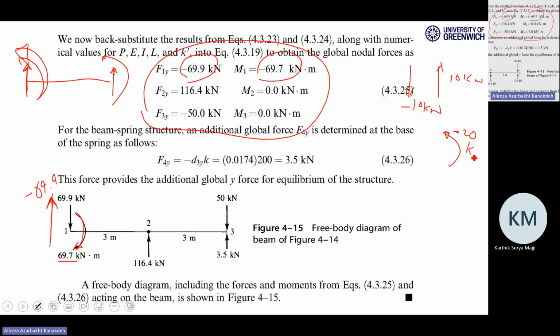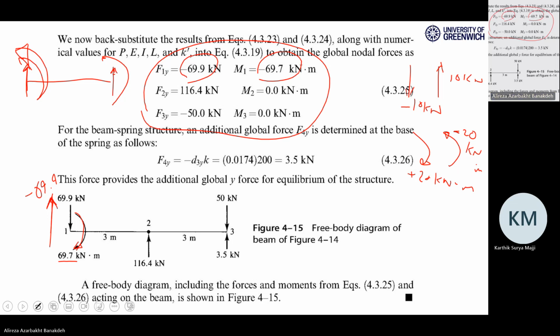It should be, for example, kilonewton meter. It is positive 20 kilonewton meter if you change the direction. It's always the case. So always the convention is like this. The normal forces from bottom to top, and the moments or deformations, rotations are counterclockwise.